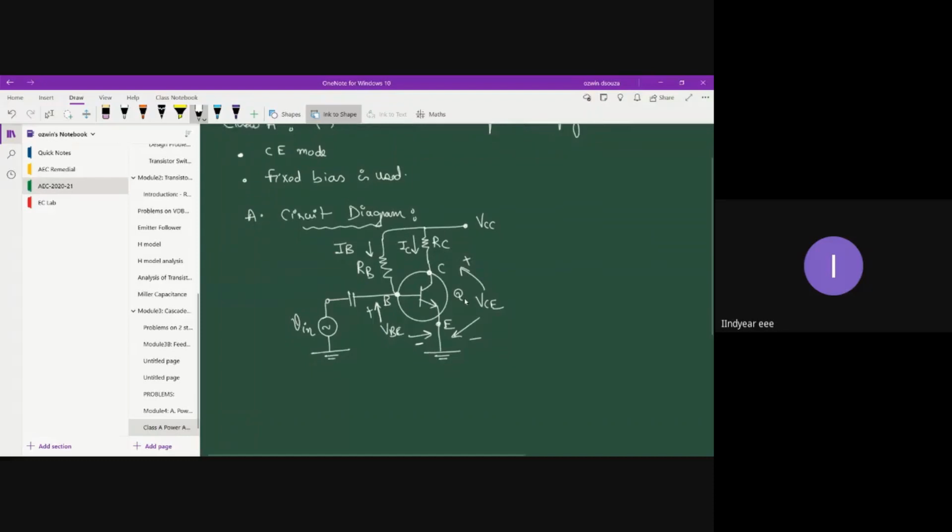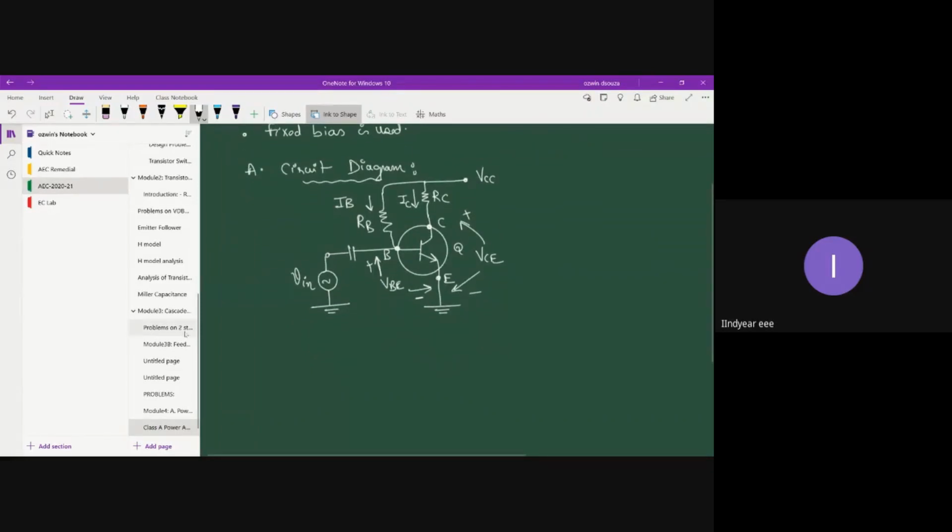Now, as I said in the previous class, in case of power amplifiers, we will not consider RE model based analysis or H model based analysis. What we consider is called graphical based analysis.